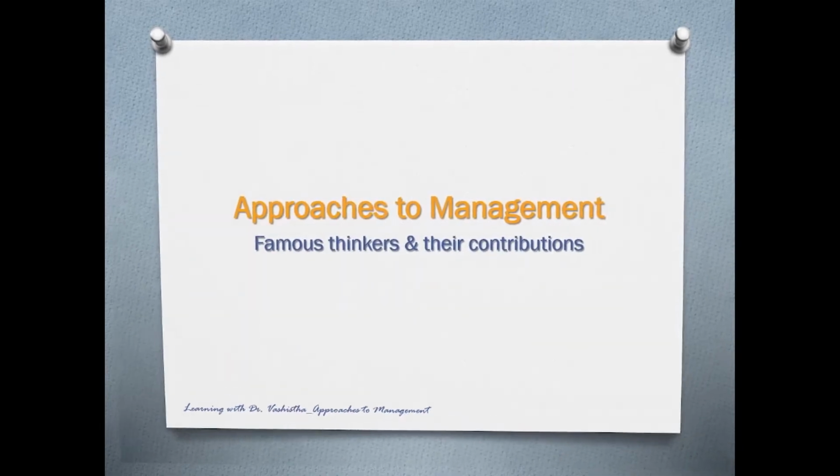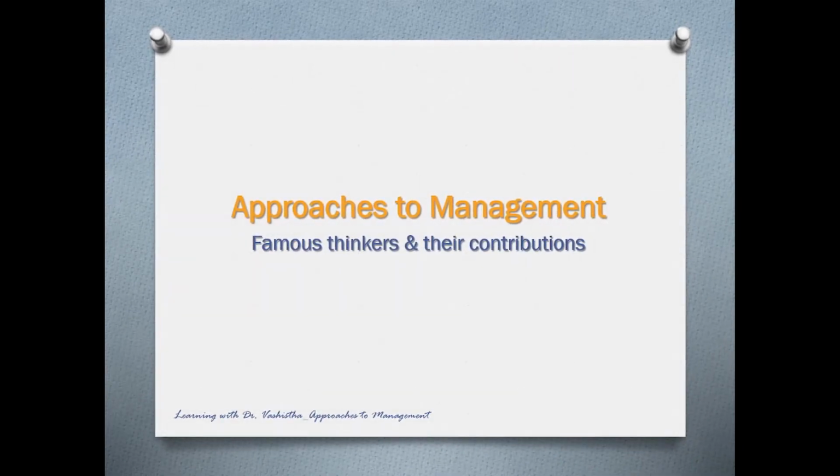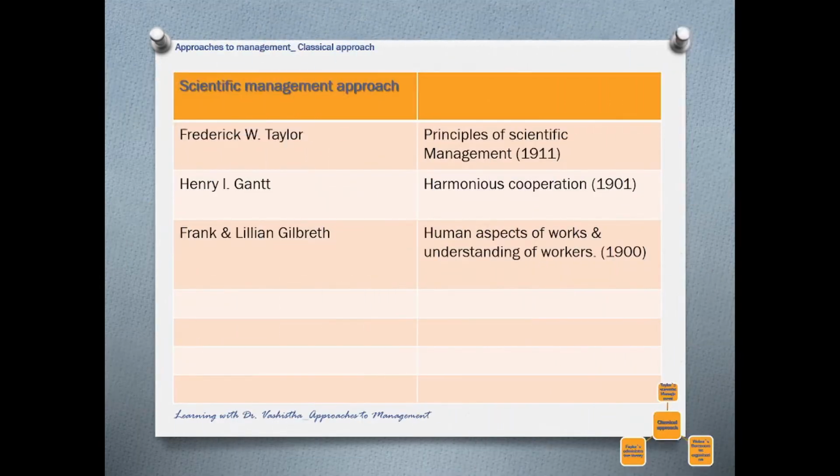So now, these were the three major categories and their subdivisions. If we want to know further about the famous thinkers and their work, which made their mark, under the very first part, the classical approach, the scientific management approach part has three famous names, which are listed here, along with their work, which made a difference and they got very famous.